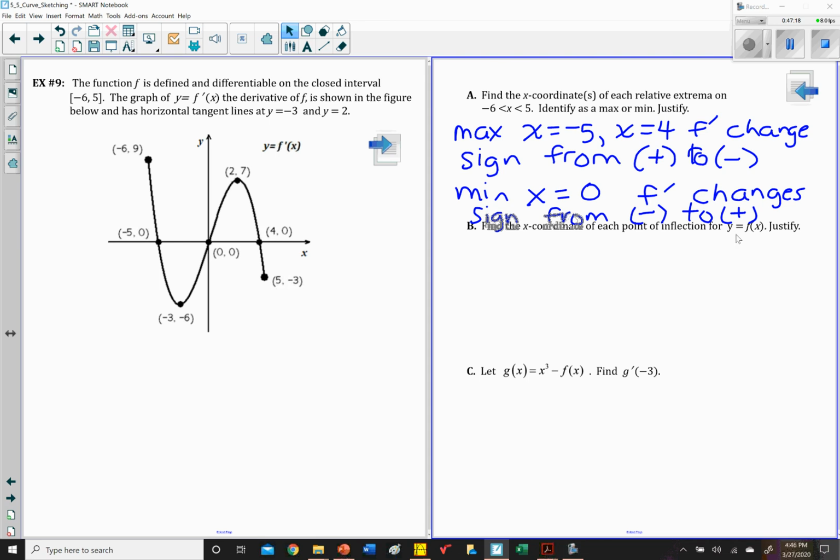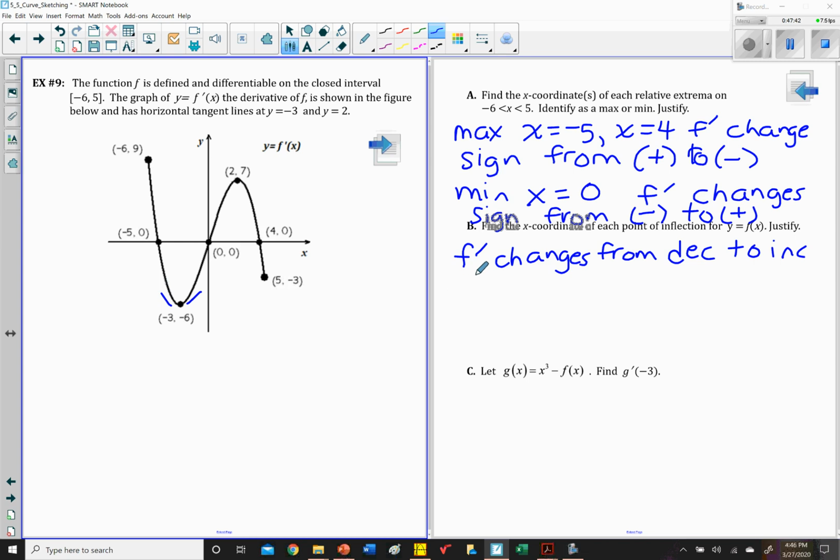Find the x-coordinate for each point of inflection. So this time we're going to say where the first derivative changes from decreasing to increasing.